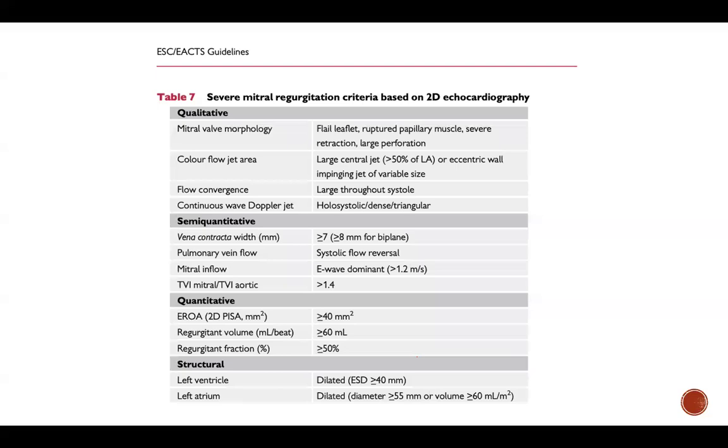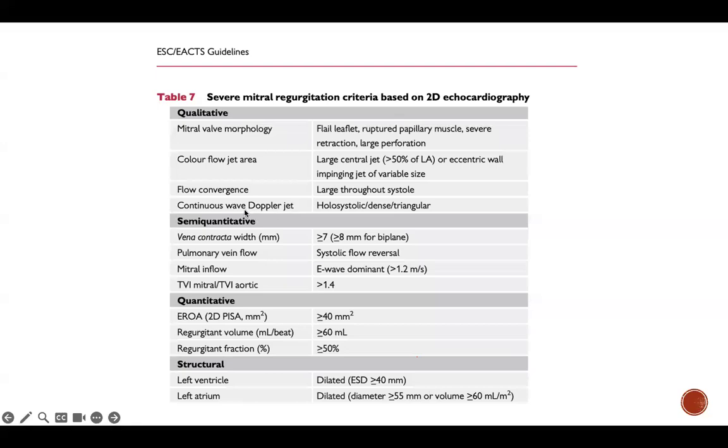From the color Doppler, if you have a central jet area more than 50% of the left atrium, or an eccentric wall-impinging jet of variable size, this is again giving you a clue about severe mitral regurgitation. Or if you have flow convergence through all of systole, this is again a clue towards severe mitral regurgitation.